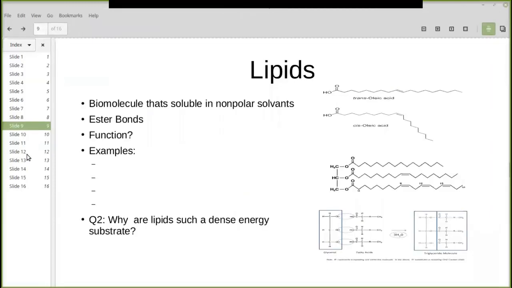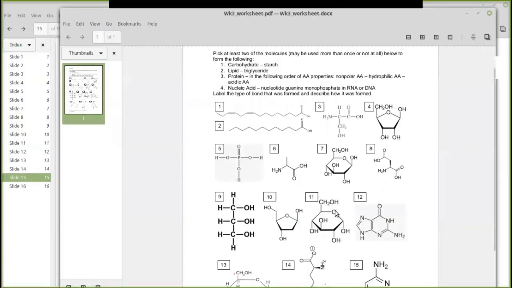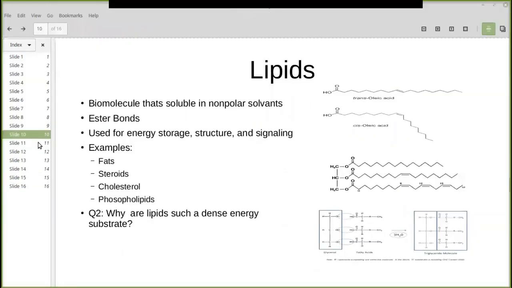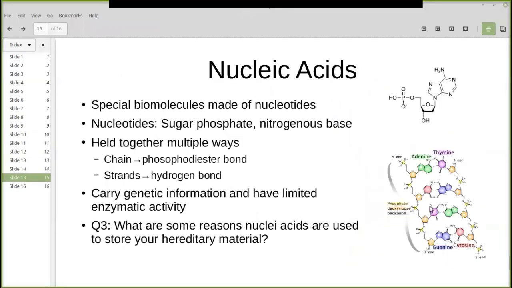Is it hydrogen bonds between the base pairs? Good. So for the strand itself, the backbone, phosphodiester bonds, and if you want to see what it looks like, you could see over here. And then the bases are held together by hydrogen bonds. Okay?